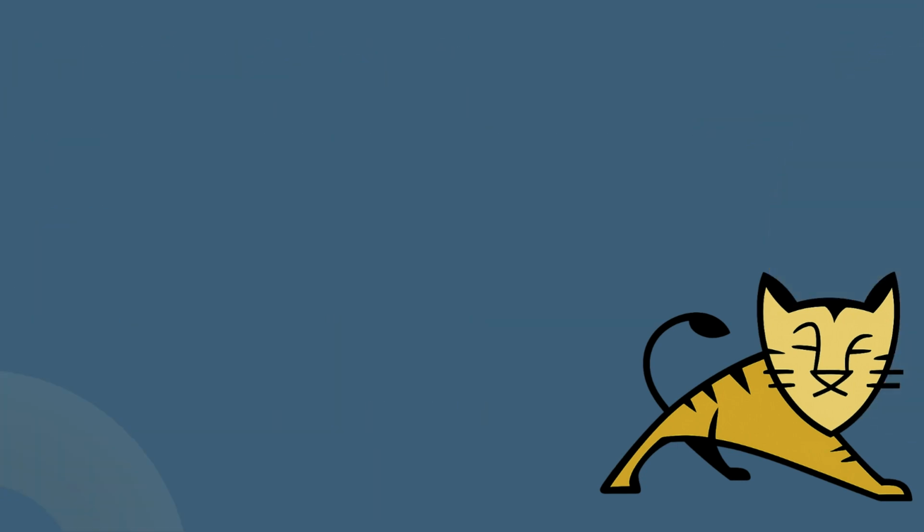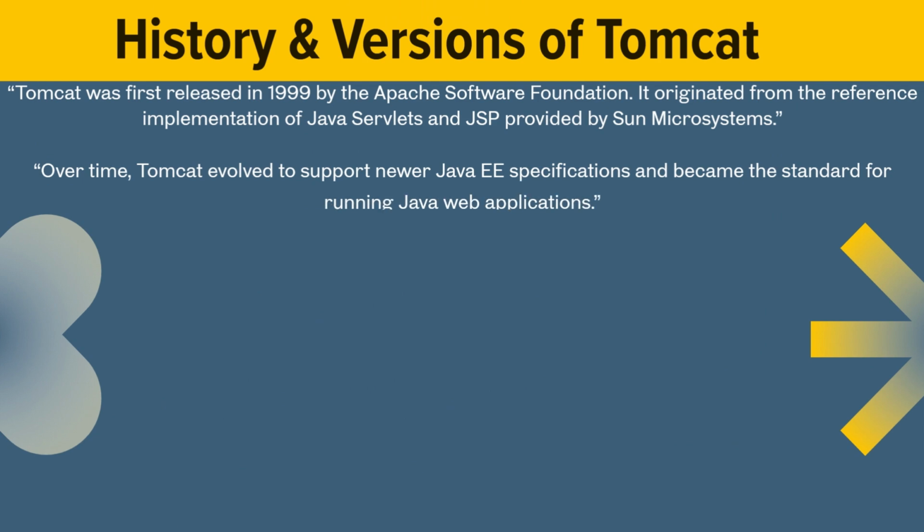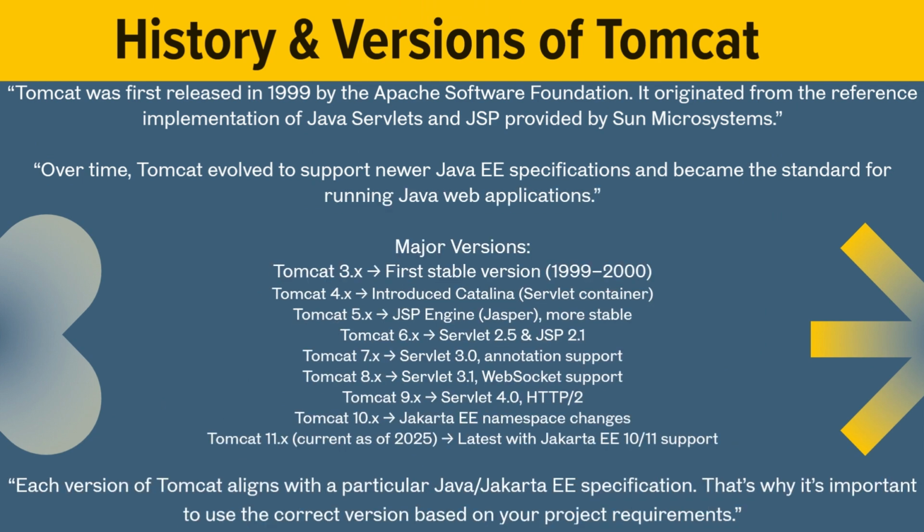History and versions of Tomcat. Tomcat was first released in 1999 by the Apache Software Foundation. It originated from the reference implementation of Java servlets and JSP provided by Sun Microsystems. Over time, Tomcat evolved to support newer Java EE specifications and became the standard for running Java web applications.